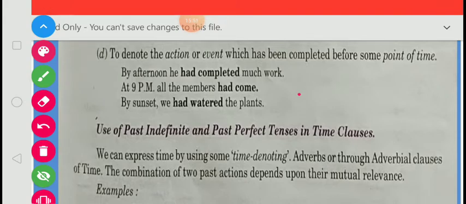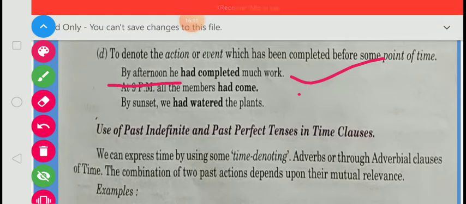By afternoon he had completed much work. Because the time of action has been mentioned, when some point of time is mentioned in a sentence in past, then we use past perfect tense to express such sentences.